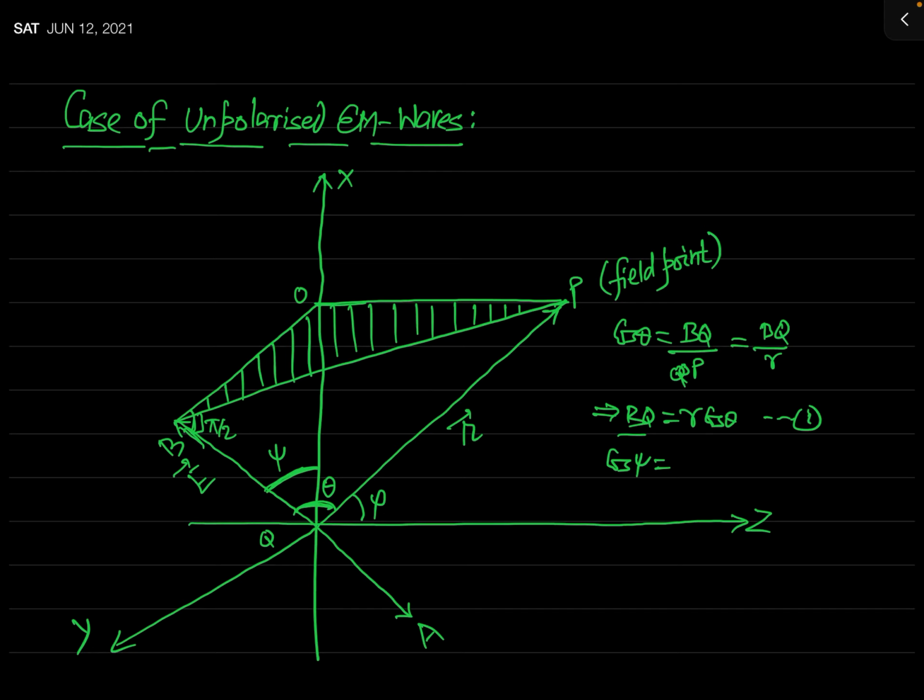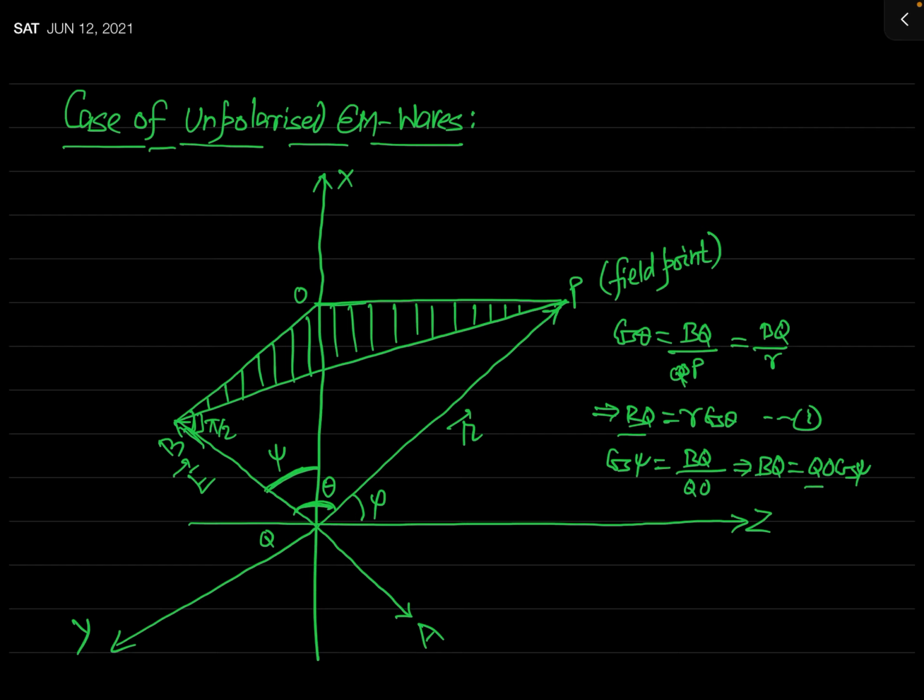When you take the angle up to this, actually this plane is just a horizontal plane, and so this cos psi will be equal to BQ over QO, and so you can say that this BQ is equal to QO cos psi.